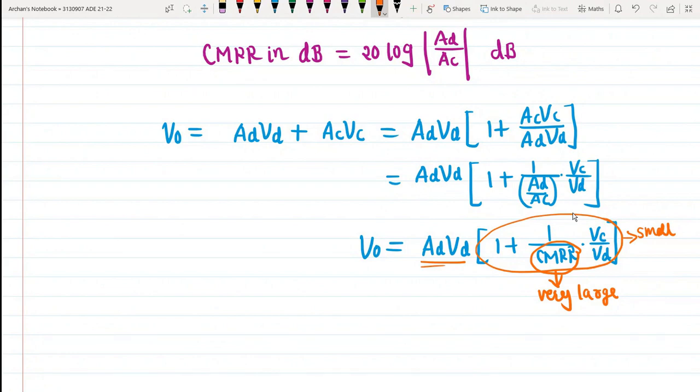So ultimately we can say output voltage is directly proportional to the difference voltage of the two inputs. Okay, so from this we can say that the common mode signal VC has been almost rejected. Though a small value will definitely appear, it is greatly rejected.